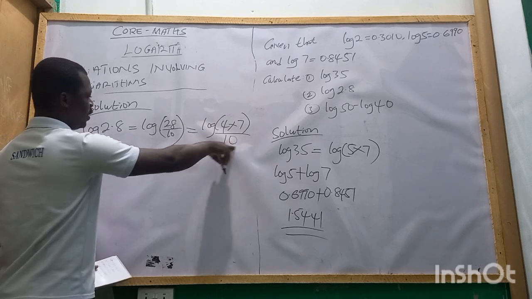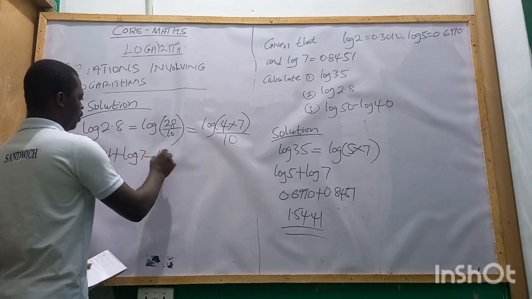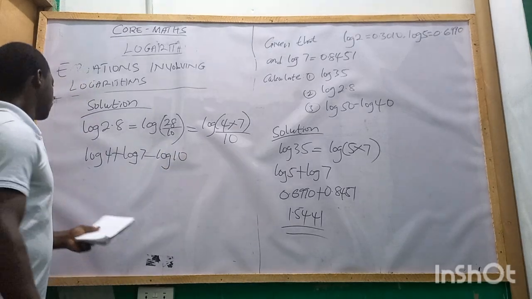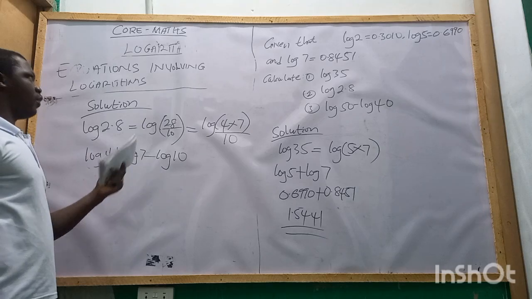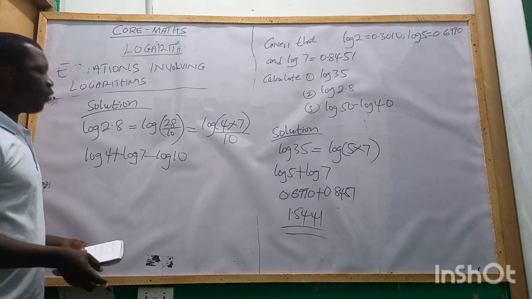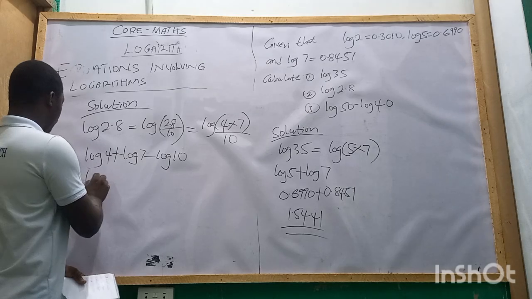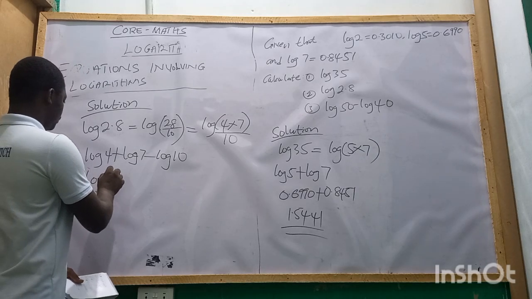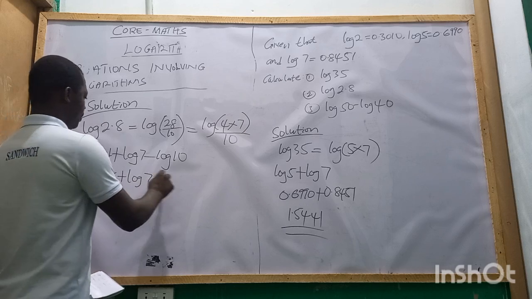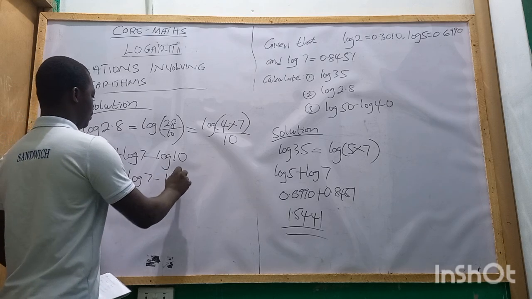They are dividing, so here you subtract minus log of 10. I don't have log 4 there, but I have log 2 here. Now I know that 2 squared is 4. So I have log of 2 squared plus log of 7 minus log 10.